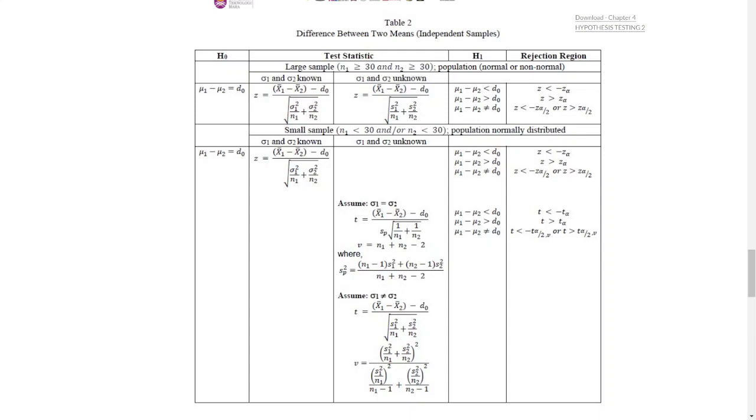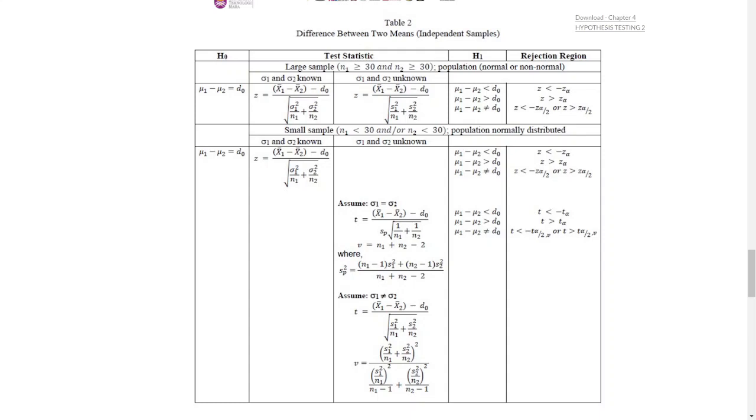For the case of large sample, N1 greater than 30 and N2 greater than 30, population normal or non-normal, you can use the Z test if sigma 1 and sigma 2 are known. Okay, kalau kita tahu nilai population standard deviation ataupun diberi, then you can use the Z test and this is the formula.